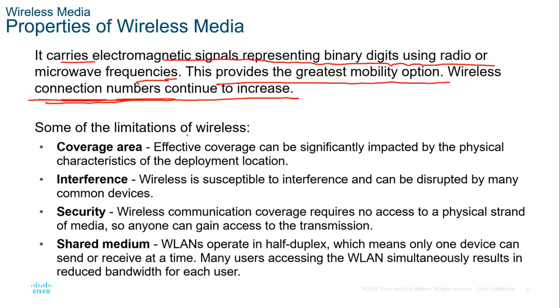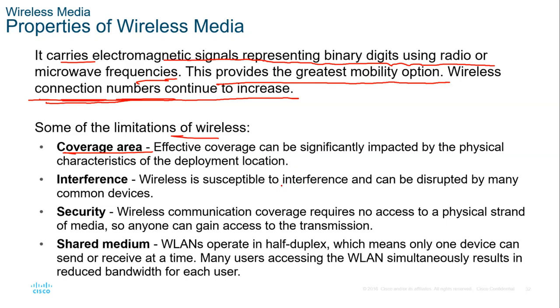So some limitations of wireless: we have coverage area. Depending on the type of technology of wireless that is used, it affects or determines the coverage area. Then interference.